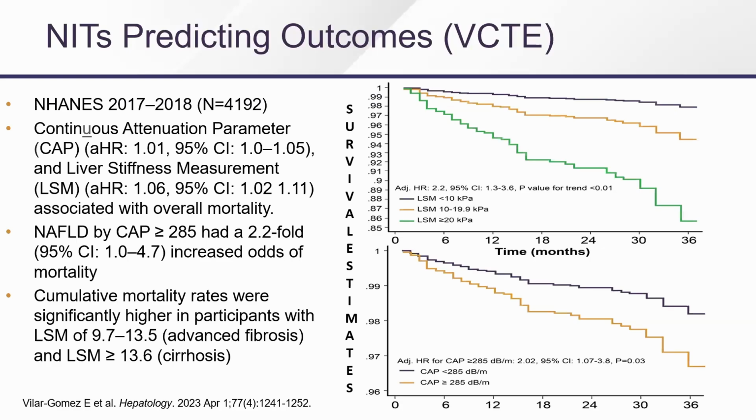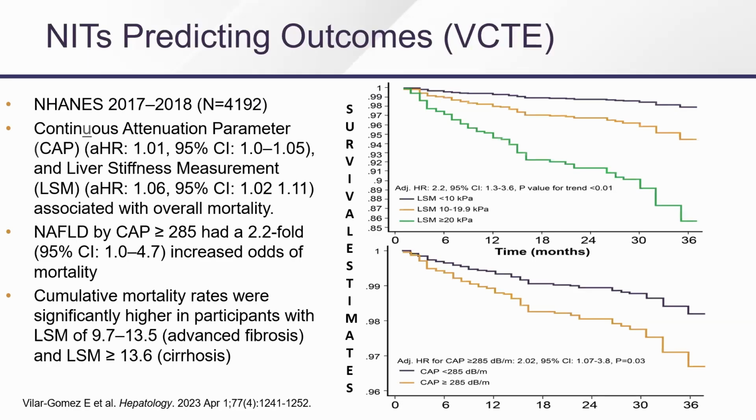So again, this is a very similar slide, further nailing in the point that the higher your liver stiffness measurement, the higher is the risk of complications and the lower your survival probability. So the green line is the liver stiffness measurements of greater than 20 kPa. This is your patients with cirrhosis, and clearly you can see that their survival rate is significantly impacted.